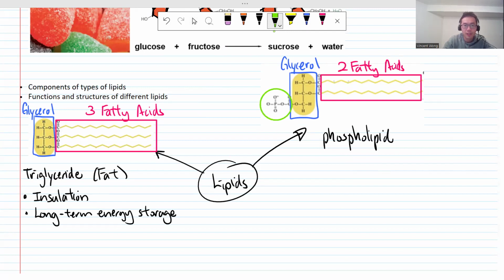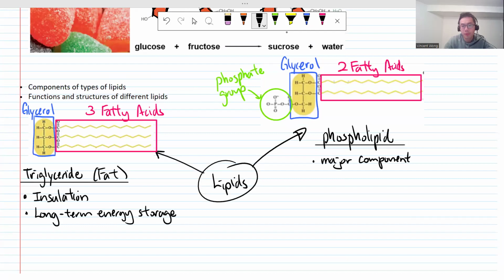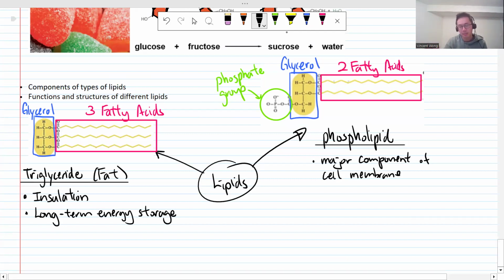There is a phosphate group here. Okay. So what do we need phospholipids for? It turns out it is the major component of the cell membrane. The cell membrane is the membrane that surrounds the cell. It has many things that make it up, but the key ingredient is the phospholipid.